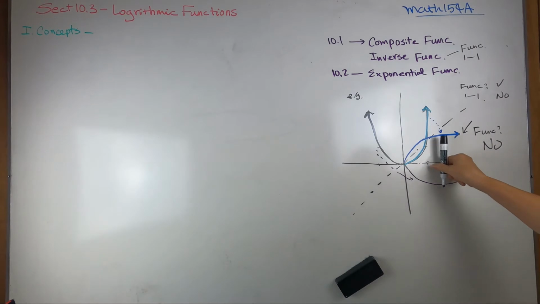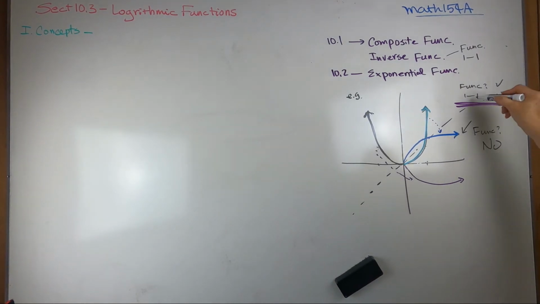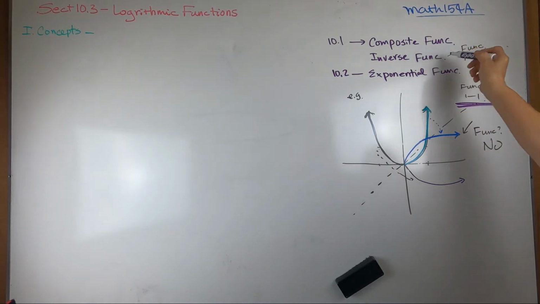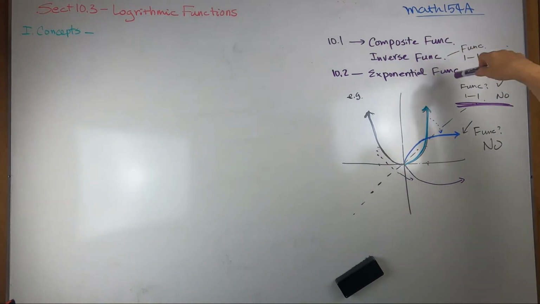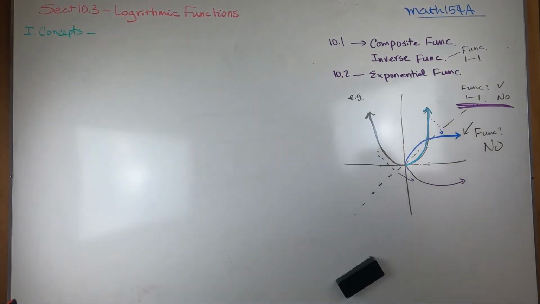No, because you use a vertical line test, right? Why is it not a function? Because it was not 1-to-1. So if it's not 1-to-1, you cannot have an inverse function. Okay, so we need all those concepts to do our log.